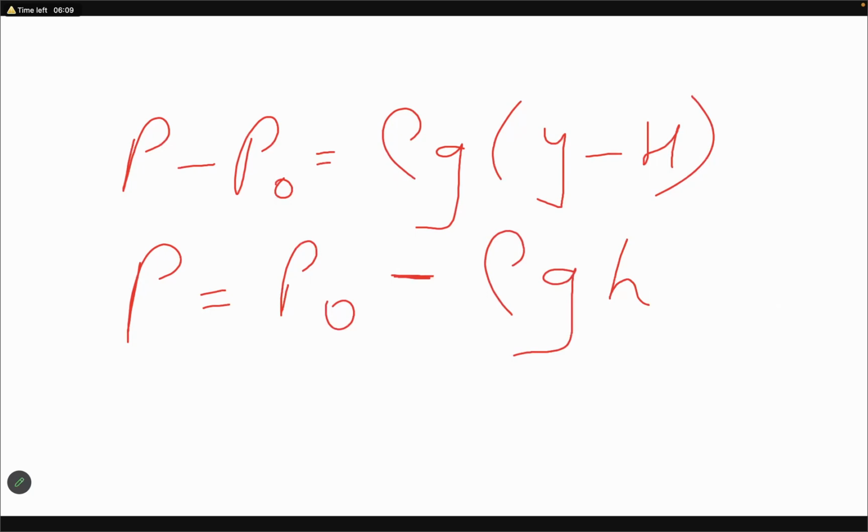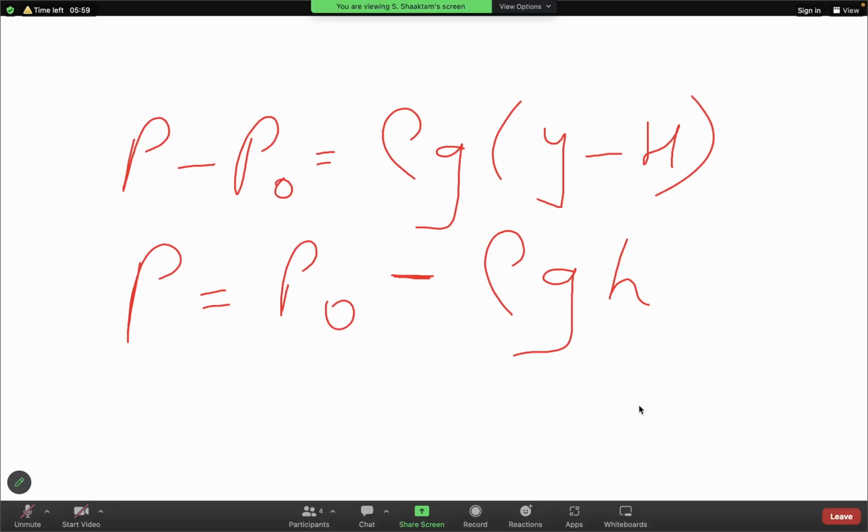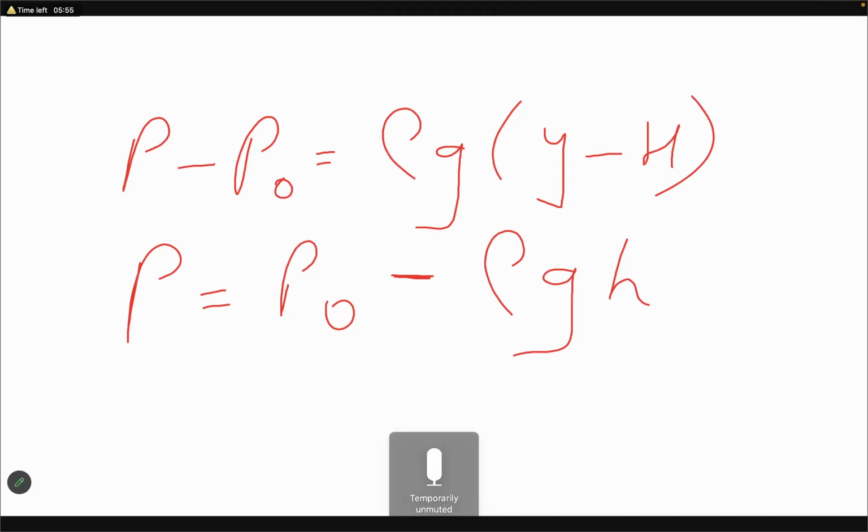Where small h is the distance or depth from the free surface. Getting it, class? Is this what we are getting? Yes or no? Now, what is this equation suggesting? As we are moving down, the pressure is decreasing, correct?